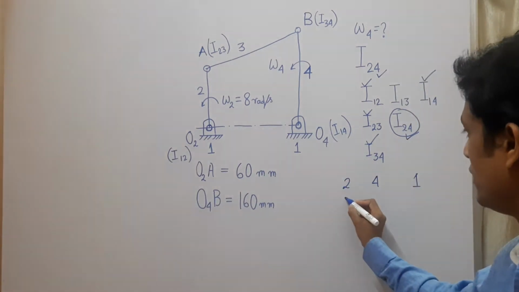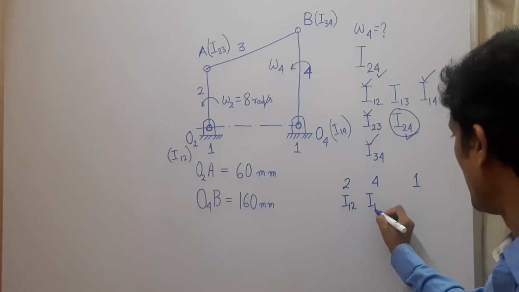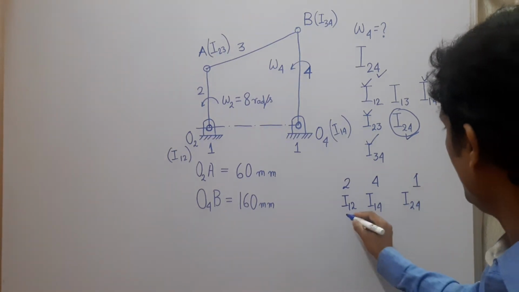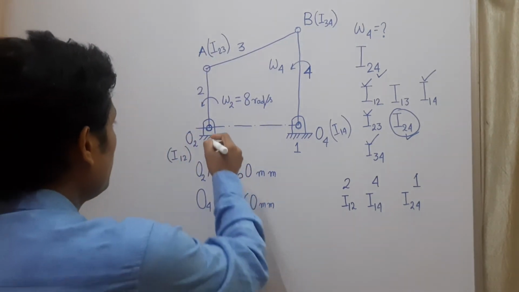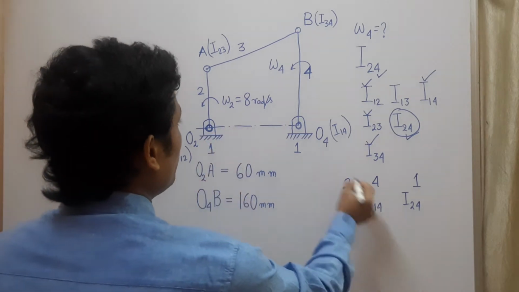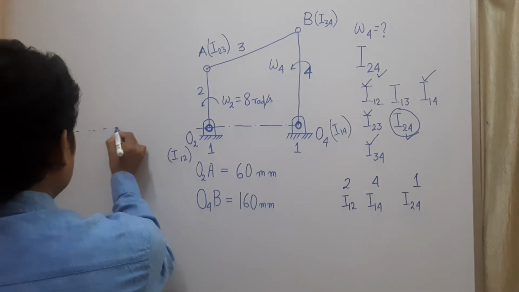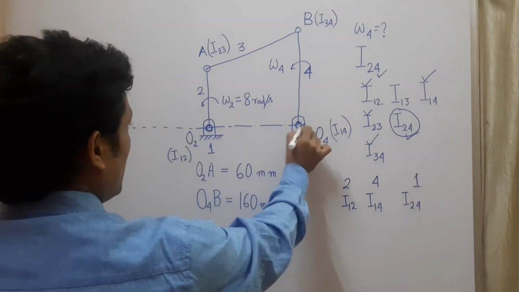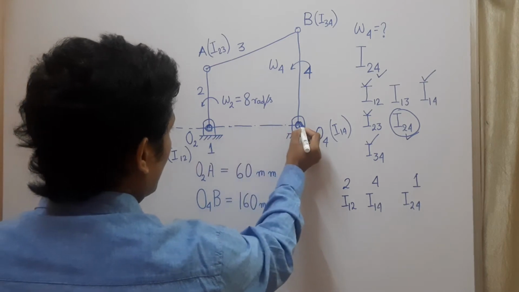The relative instantaneous centers are I12, I14 and I24, and these three will be collinear. This is I12 at O2, this is I14, and I24 must lie on this line. So I24 will be collinear with I12 and I14.